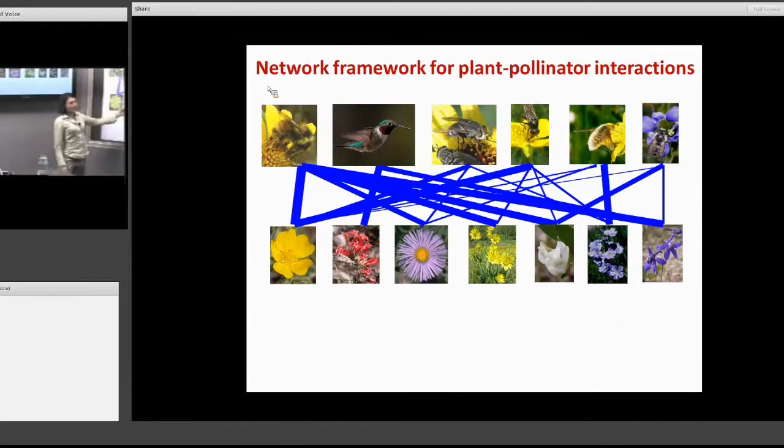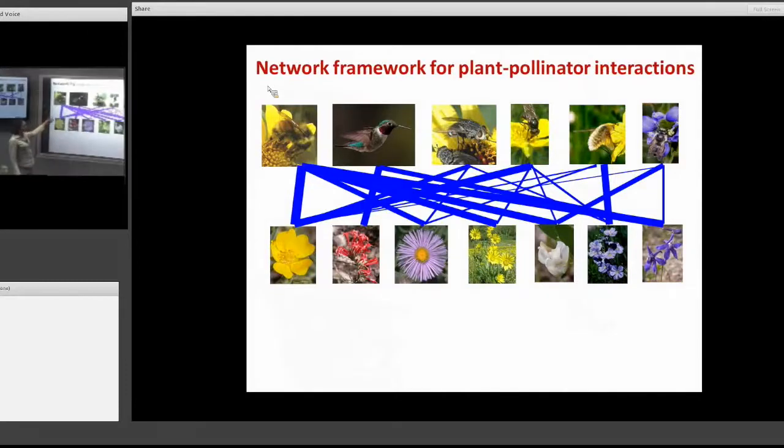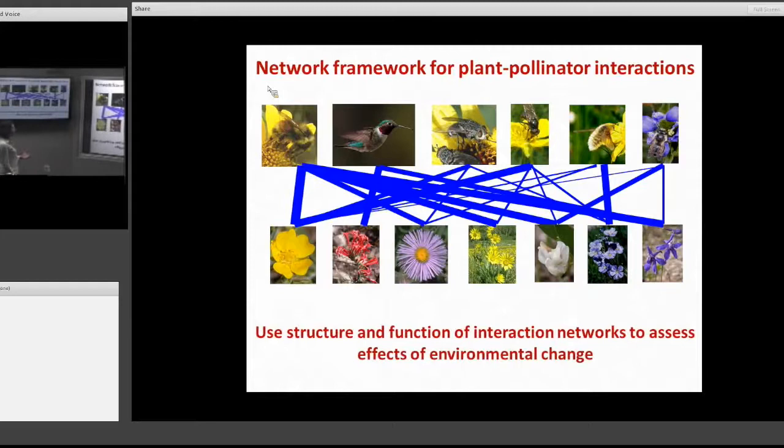So often the plant species are along the bottom, the pollinator species are along the top. Lines connect plants and pollinators that interact, and the thickness of the line is proportional to the frequency of the interaction. And we can use these networks to look at their structure and their function to assess how different kinds of environmental changes might influence those components.